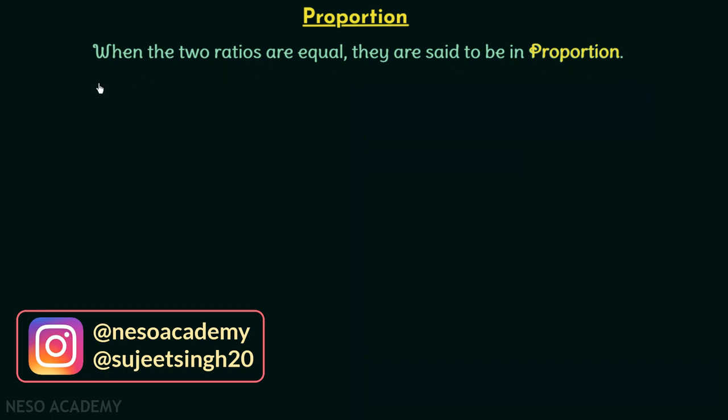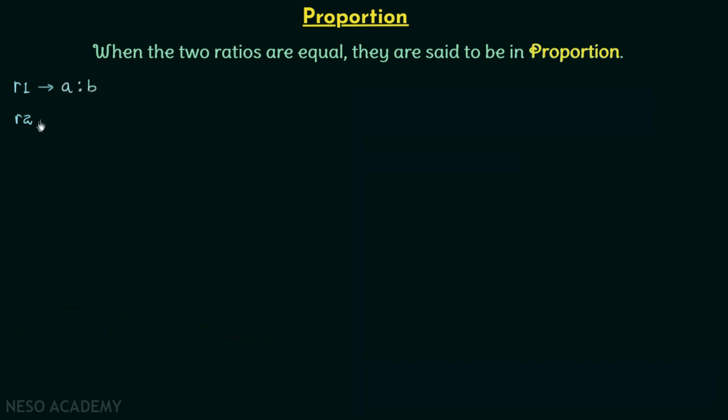proportion. For example, I will take two ratios R1 and R2. Let's say R1 is equal to A ratio B and R2 is equal to C ratio D, and the two ratios are in proportion.